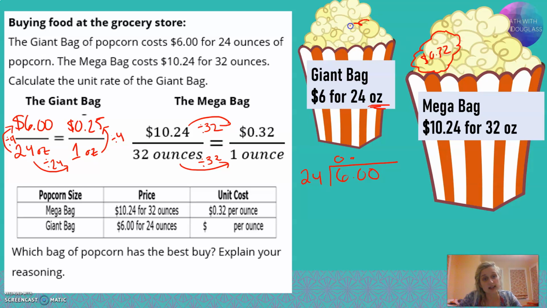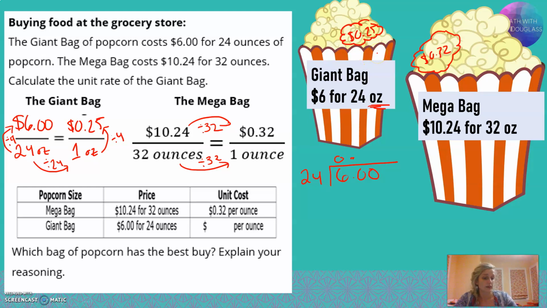And that one same ounce, the same amount of popcorn in the giant bag, is actually cheaper. And I don't want to spend extra money. That's an extra 5, 6, 7 cents for every ounce when I could be getting a better deal with the giant bag.